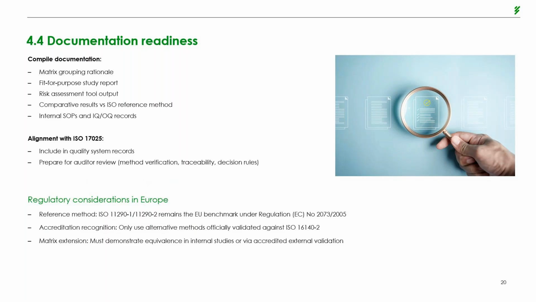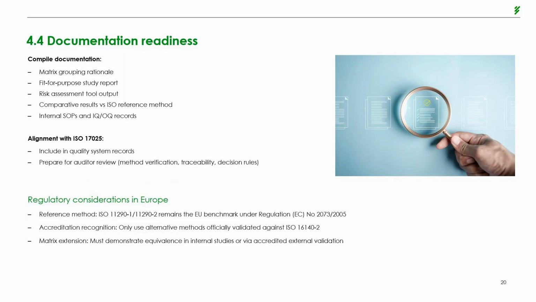Now, referring specifically to the regulatory environment here in Europe, we know that the reference method is ISO standard 11290 when talking about Listeria mono, in accordance with the provisions of Regulation 2073 from 2005 and the new modification Regulation 2024/2895.